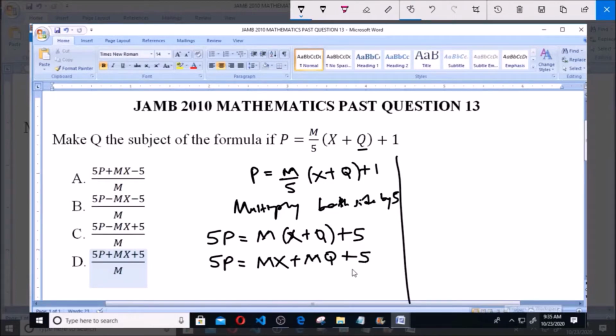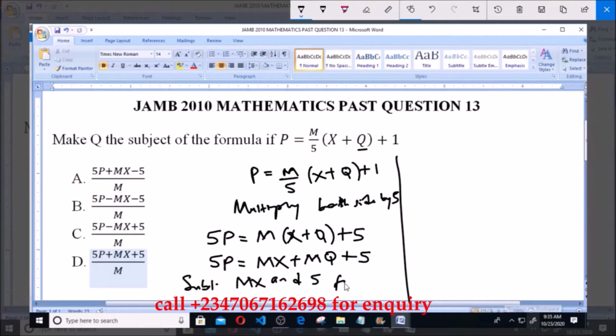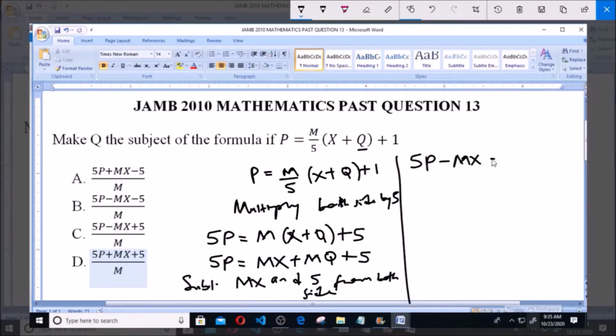Now let's subtract 5 and MX from both sides, giving us 5P minus MX minus 5 is equals to MQ. Now our major concern is to liberate what? To Q, that is make Q the subject of the formula. Now with this we can simply do this by what?